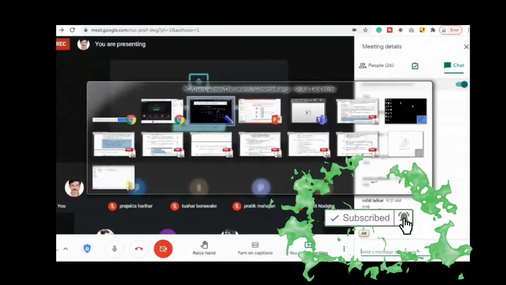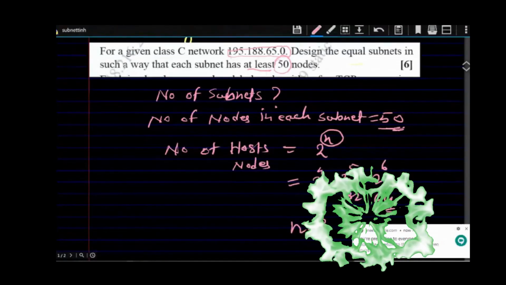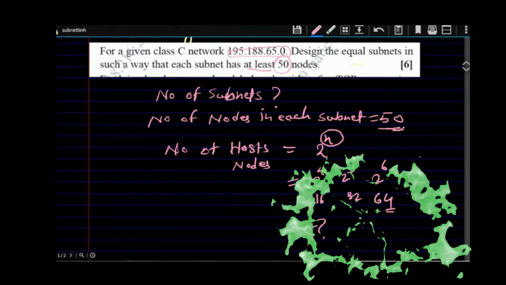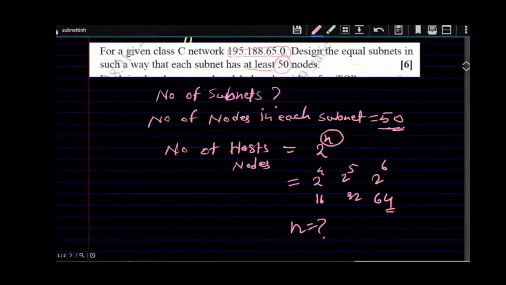Yes, exactly 6, because 64 meets the requirement. If you take 5, you will get only 32 nodes and it requires 50. If you take 6, it gives you 64 nodes and you need 50 out of that. So this value satisfies the requirement. So n is equal to 6.